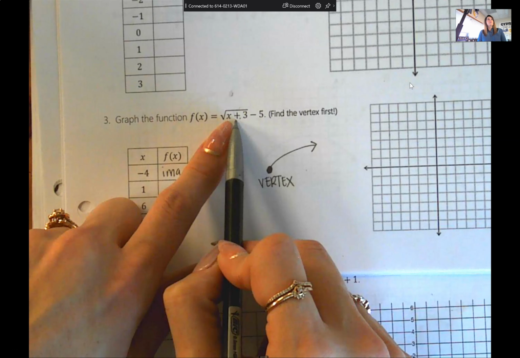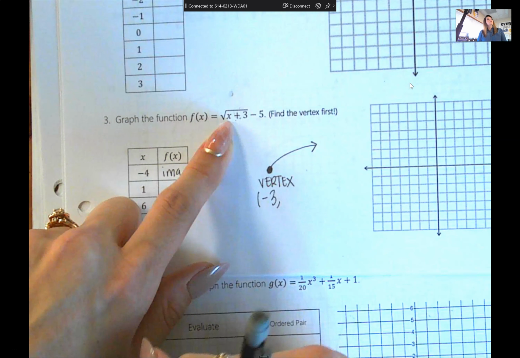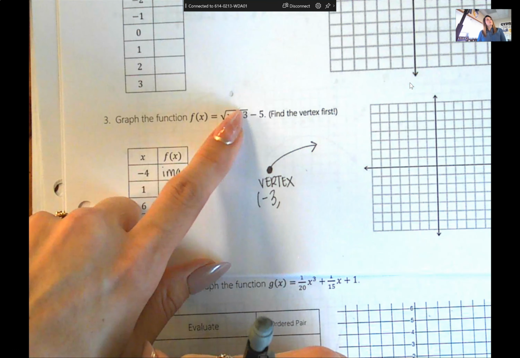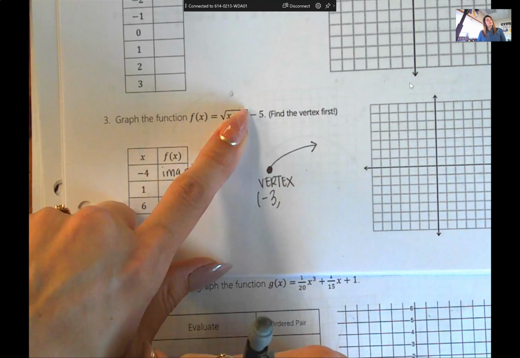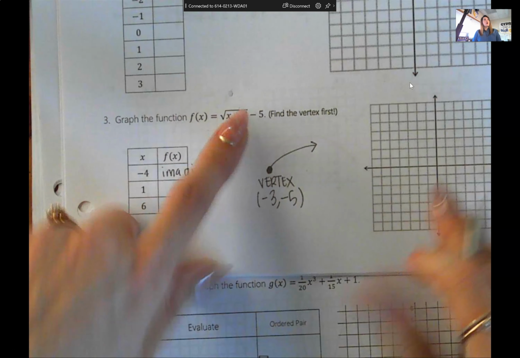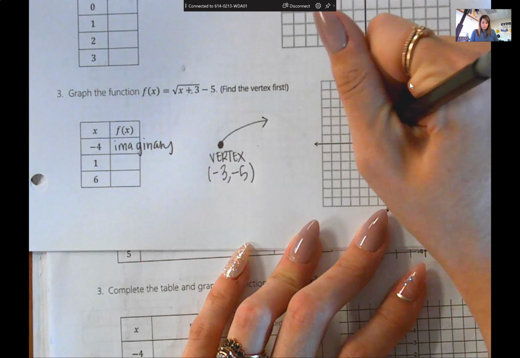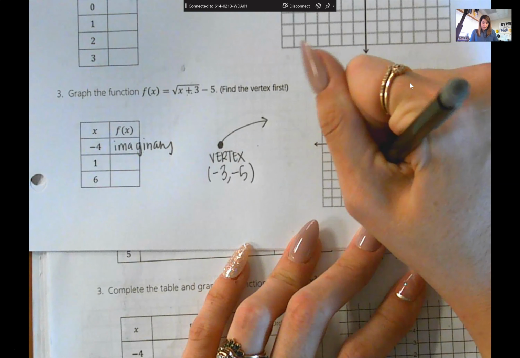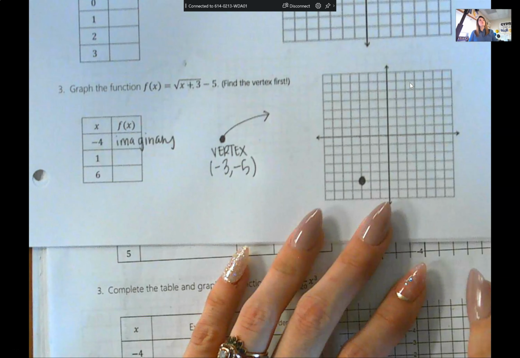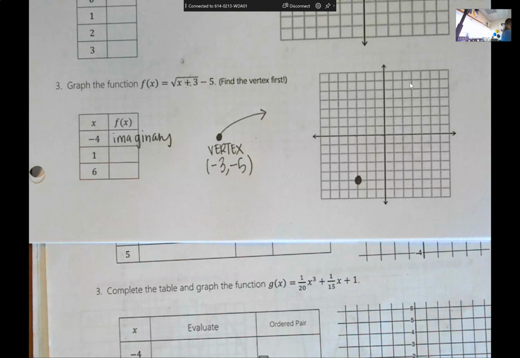By how many? 3. So -3. And then this tells me that I went up or down. Which direction did we go? Down 5. So the starting point of your firework is at -3, -5. Make sure that it's really at -3, -5, and not accidentally -4.